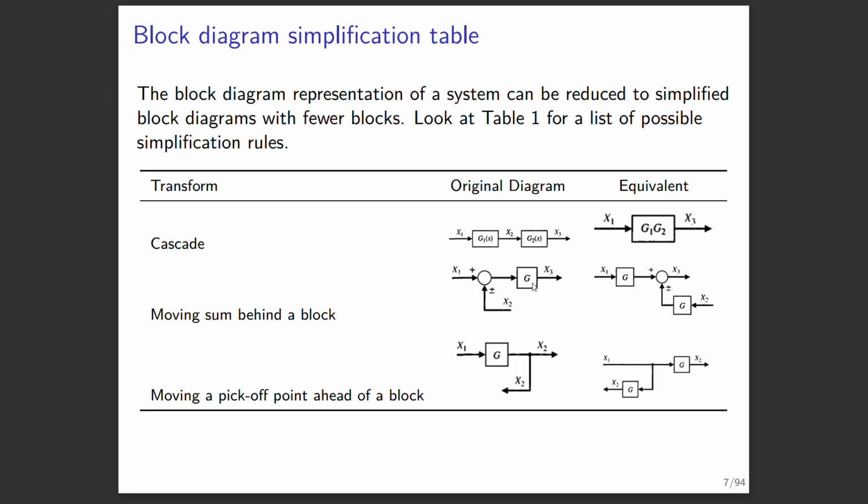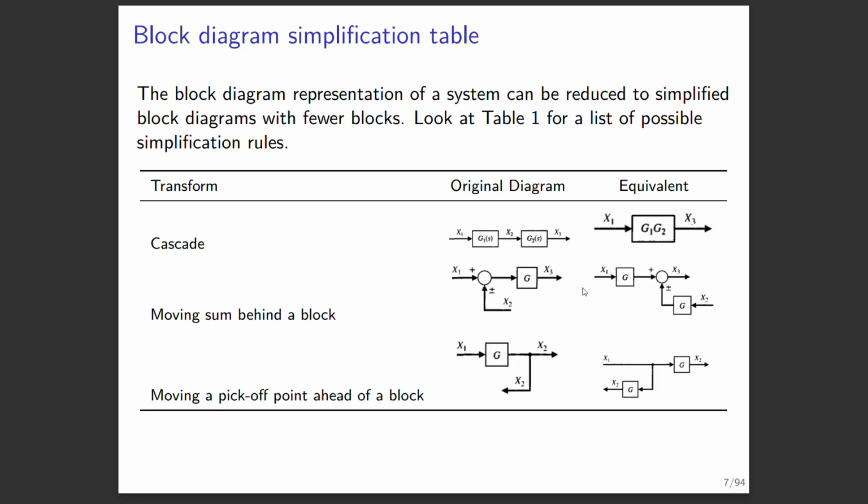Now, what happens if I want to move G here? So x1 is being fed to G, and I want x3 to remain this very x3. How can I create an equivalent model that has this summation point moved, and I have G on the left-hand side of it?